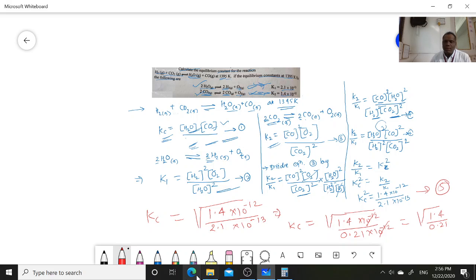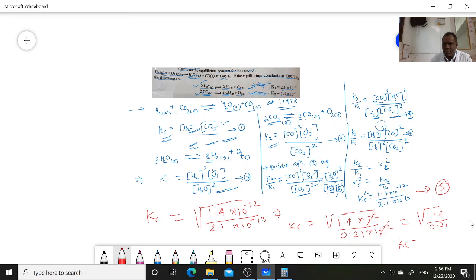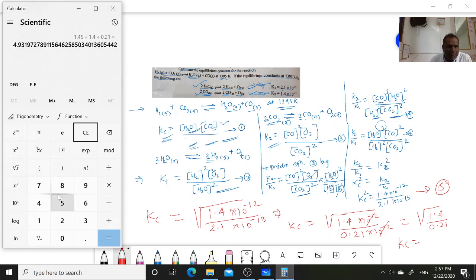1.4 divided by 0.21 comes out to be 4.39, and if you take the square root of that 4.39, Kc is equal to, let's see, how much will be the value.